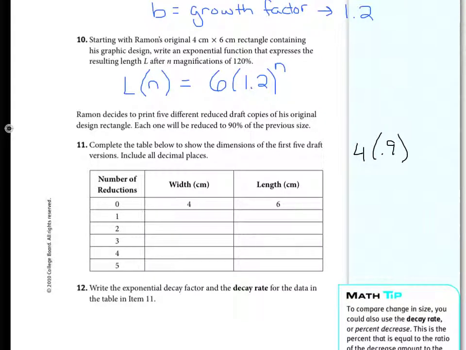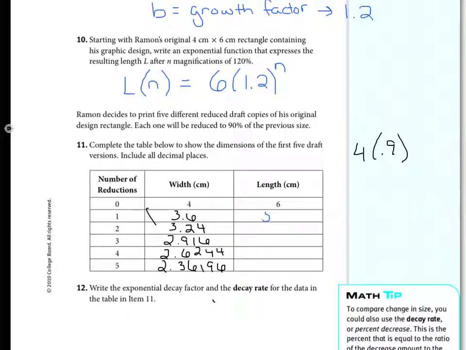So that would give me 3.6, 3.24, 2.916, 2.6244, 2.36196. So notice that we're decreasing because it's 90% of the size.